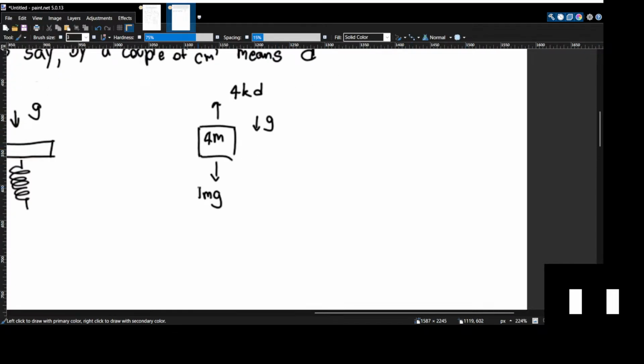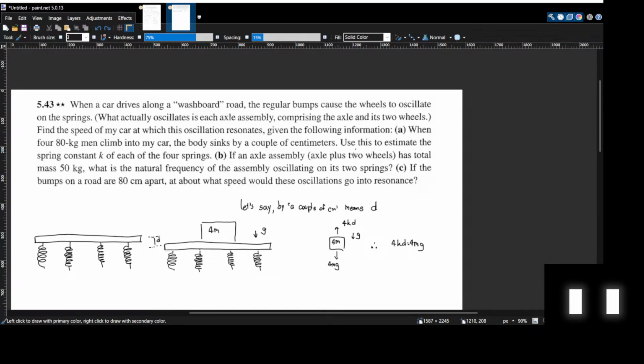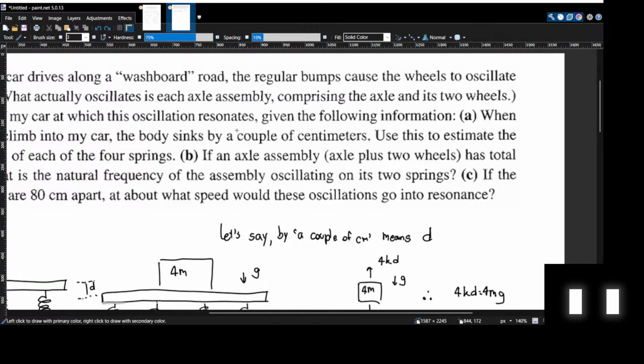Therefore, we can set up the equation 4kd equals 4mg, just a simple little equation. Therefore, we know d. Well, not really. It says a couple of centimeters.